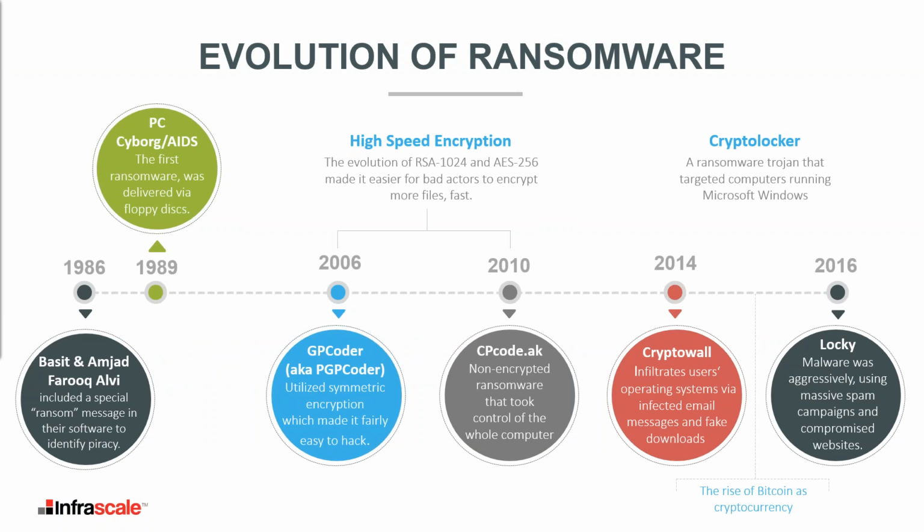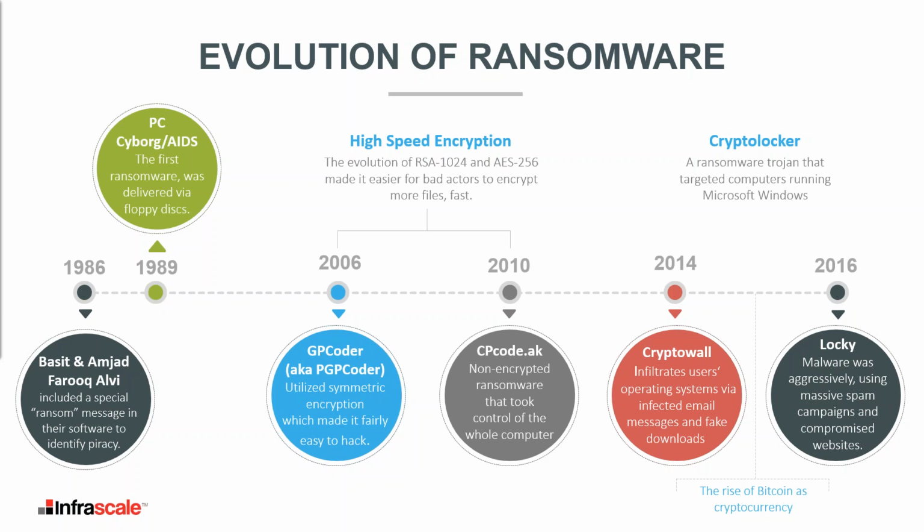So let's take a look at the evolution of ransomware. Since computers have been in use, programmers have been able to create malicious software. Even earlier, back in the 1970s and 1980s, the Creeper virus, created in 1971, is a really early example of how quickly malware can spread through systems.